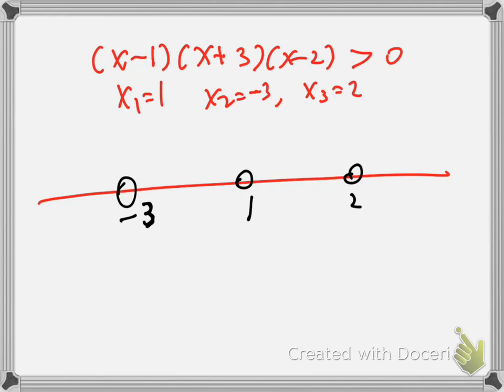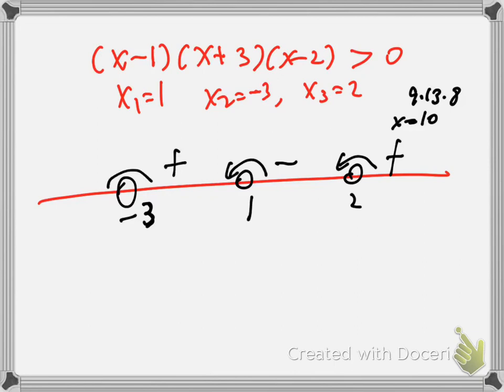So now test again, use 10, right? X is 10, so this is 9 times 13 times 8, so it's positive. And then switch. So now we want positive sign, so 2 positive intervals, right? Open intervals, -3 to 1, and then 2 to positive infinity.